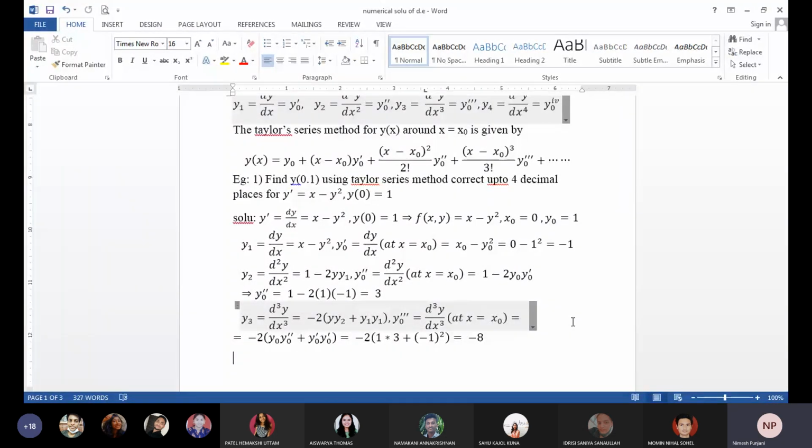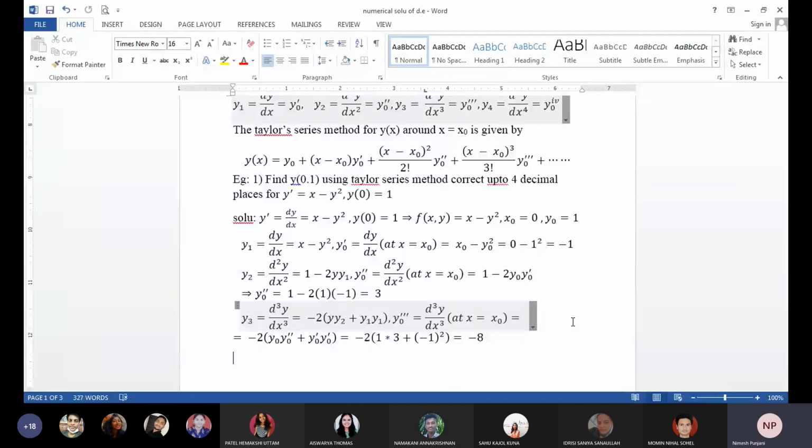y2 is nothing but the second order derivative of y with respect to x. The second order derivative is the derivative of the first order. The first order is x minus y square, so we have to take the derivative of x minus y square with respect to x. The derivative of x will be 1.